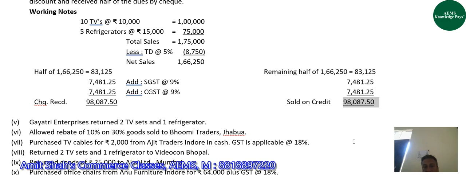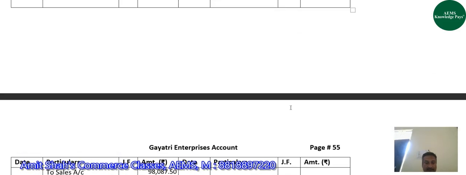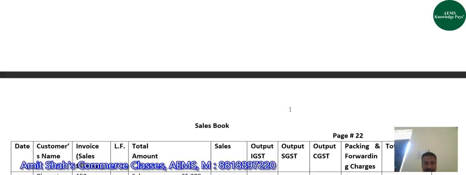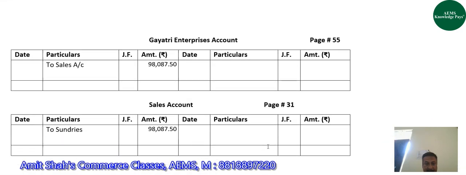Because we have to recover that much from Gayatri Enterprises. So Gayatri Enterprises account would be debited, right? This amount is inclusive of GST, right? Yes, sir. Okay, now on the credit side of sales account, we will write 1,05,625.